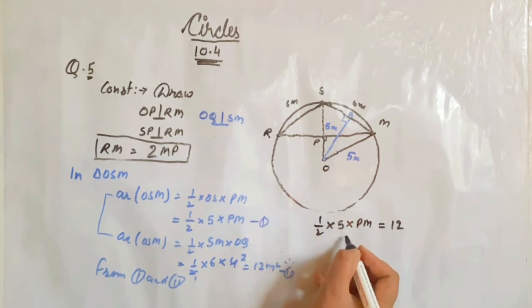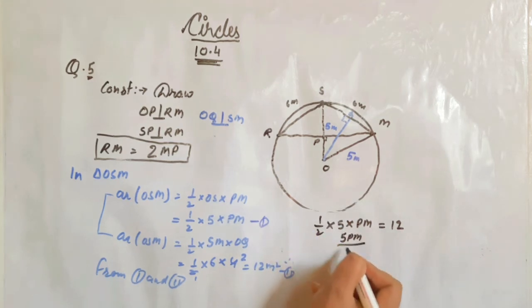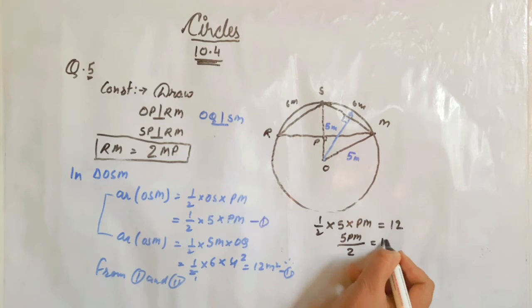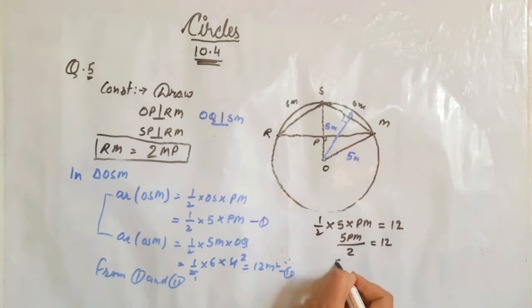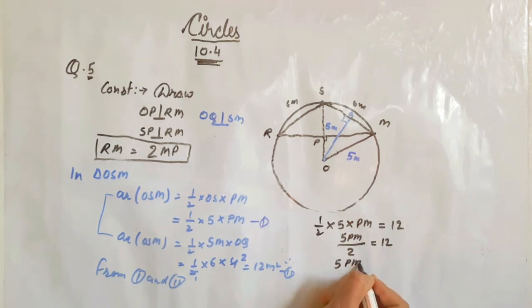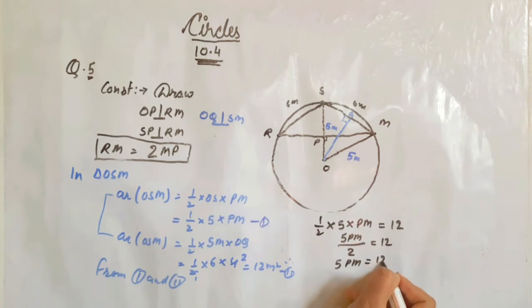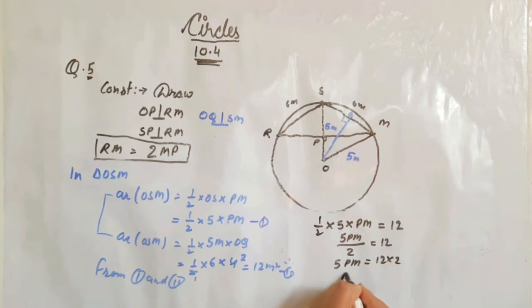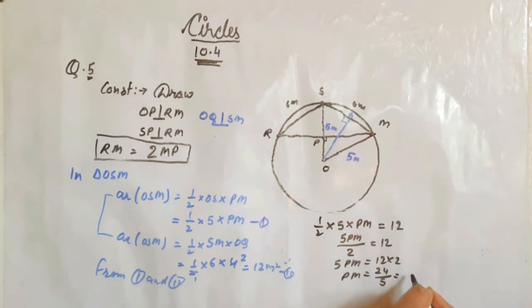So 5 PM upon 2 equals 12. Take 2 to the right side, 5 PM equals 12 multiplied by 2, and PM will be equal to 24 upon 5. 5 4s are 20 and 5 8s are 40.